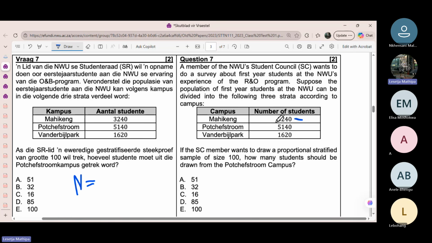And how do you get the population size? You're going to add 3,240 with 5,140 plus 1,620. And what is the answer? You add this one plus this one plus this one.